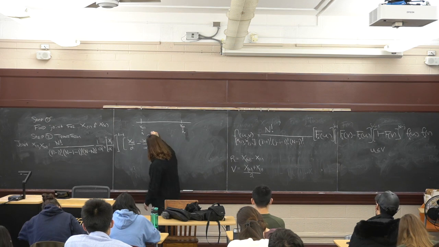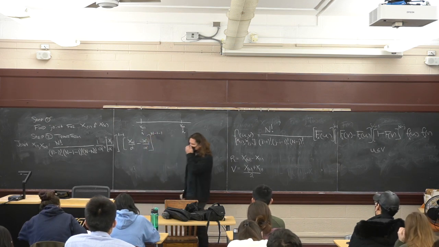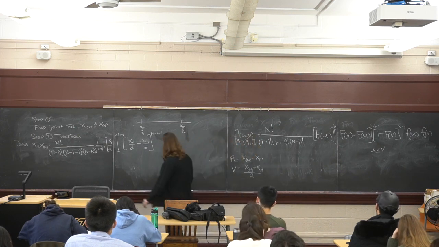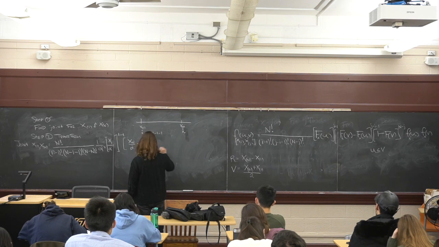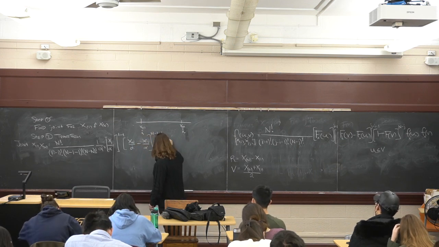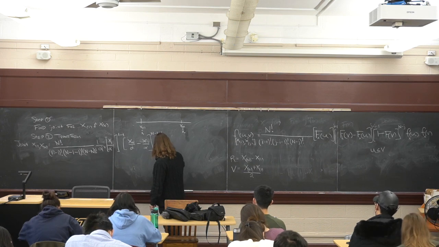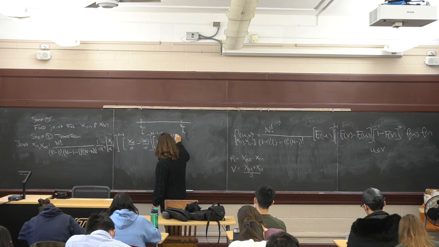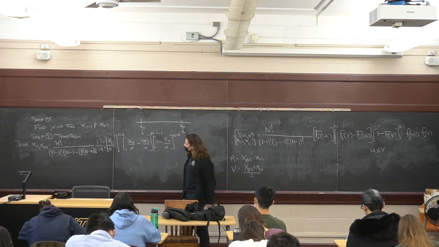And I'm going to have n minus 1 minus 1, so j minus i minus 1. So that's n minus 2. And then this will cancel out as well, but we'll write it down anyway. This is xn over alpha, 1 minus this thing, raised to the n minus n.